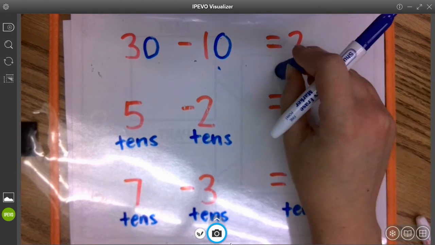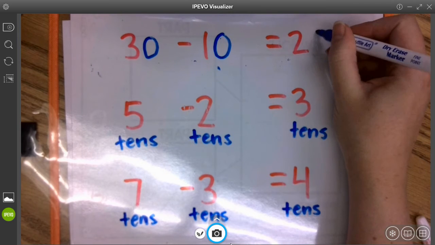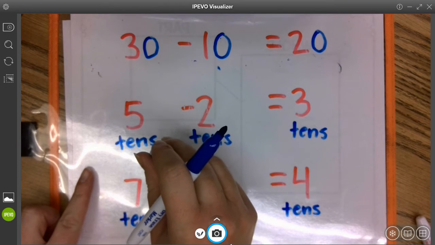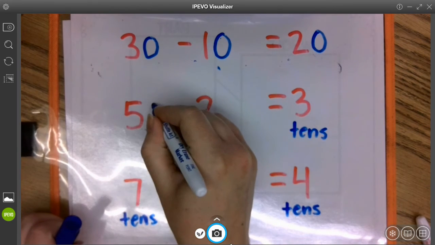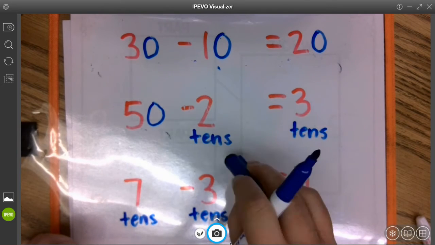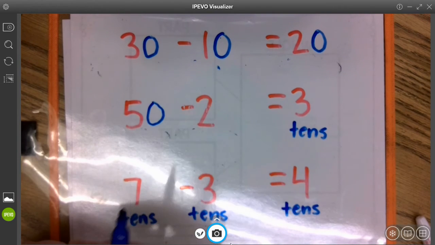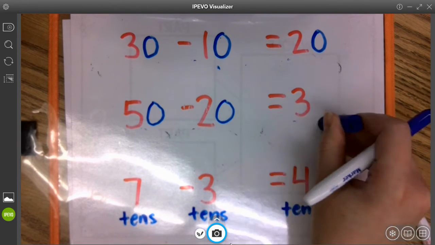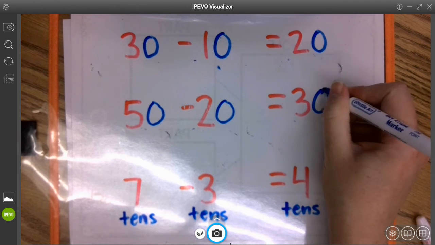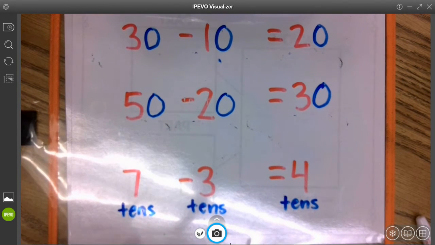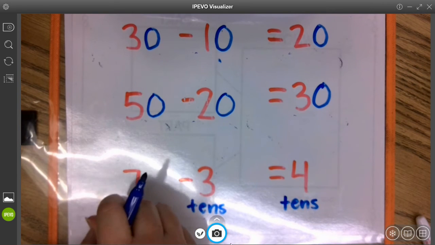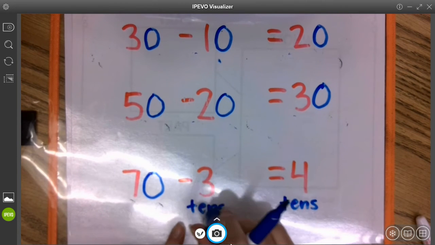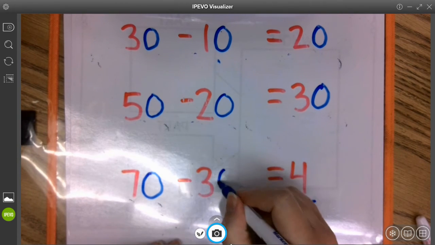And 2 tens is 20. 5 tens, 50. 2 tens, 20. 3 tens, 30. 7 tens is 70. 3 tens is 30.